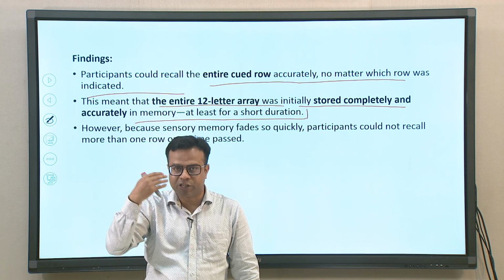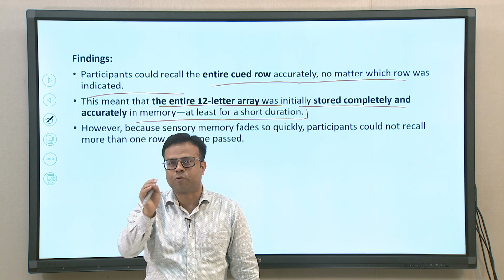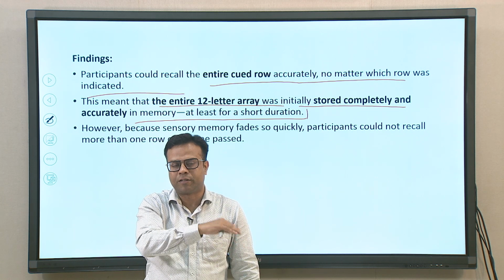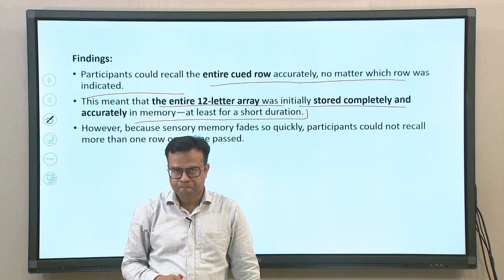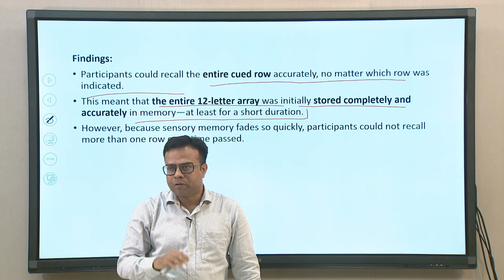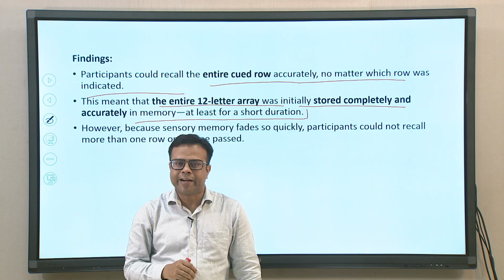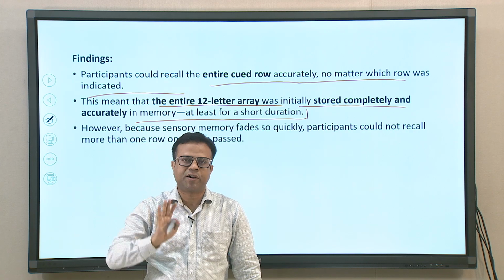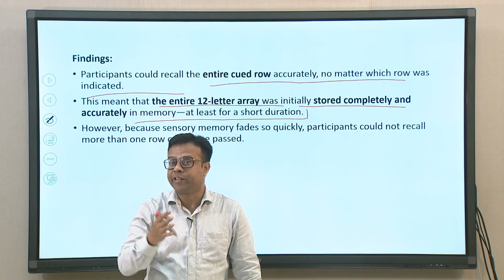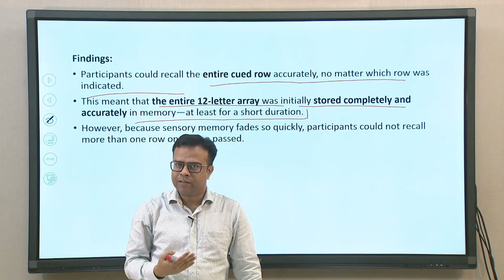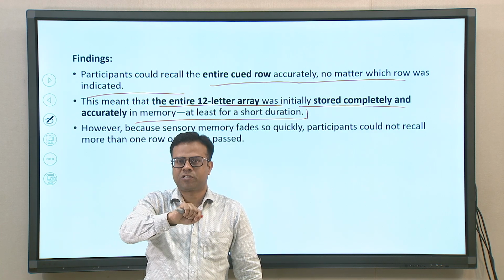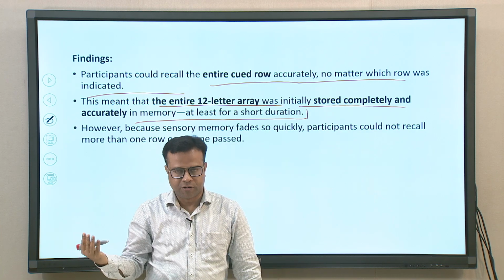For reporting 12 letters, it took more time and they could not report, because a lot of the other letters faded away. So this partial report method clearly indicated that all 12 letters were captured in sensory memory, since whatever row was asked, they could report it.